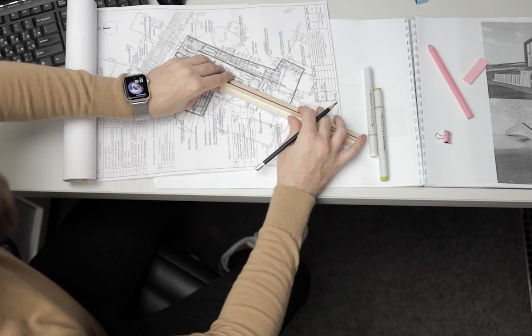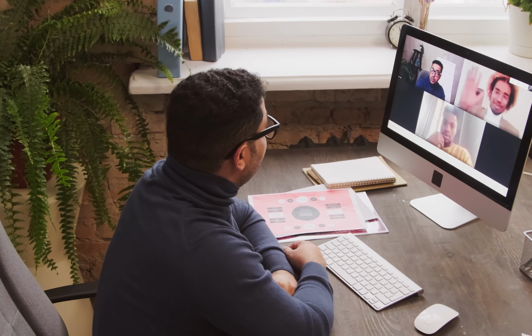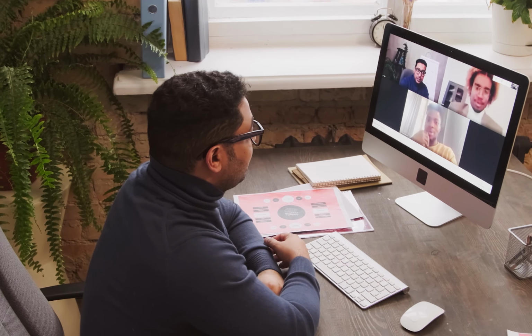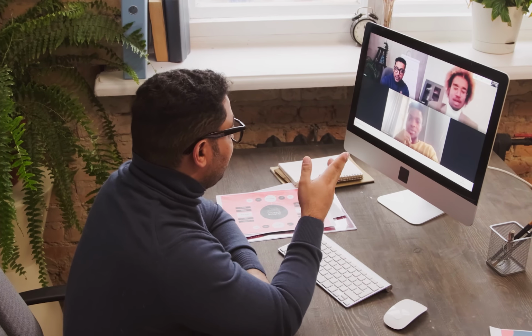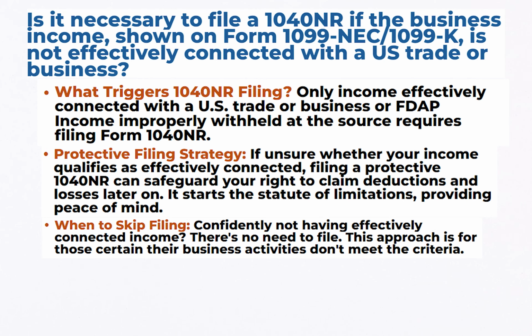Let's say you're providing services like draftsmanship, IT consulting, or teaching, and all of it is done outside of the U.S. Those are foreign source income, and they are not taxable here in the U.S. Okay, assuming you do not have any employees in the U.S. helping you, you do not have any exclusive independent agents, you do not have any offices, and everything takes place outside of the U.S., then you're good. It really does not matter who is paying you, whether the payment is coming from a U.S. person. It matters where the work is being done, okay?